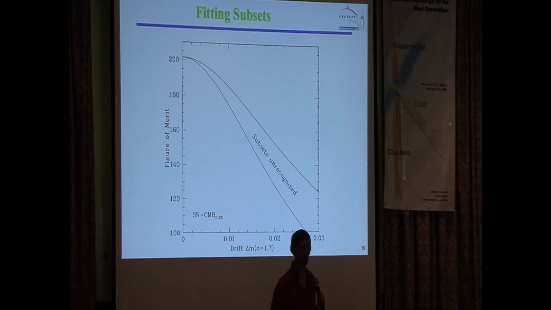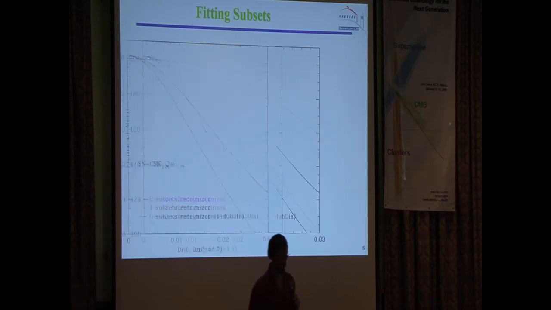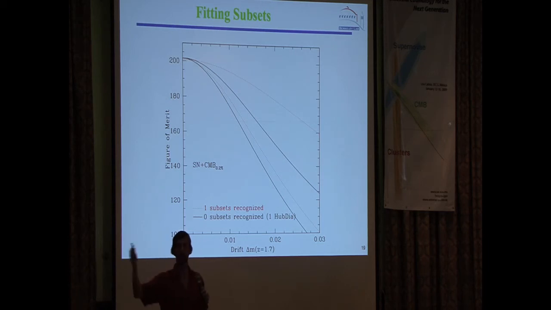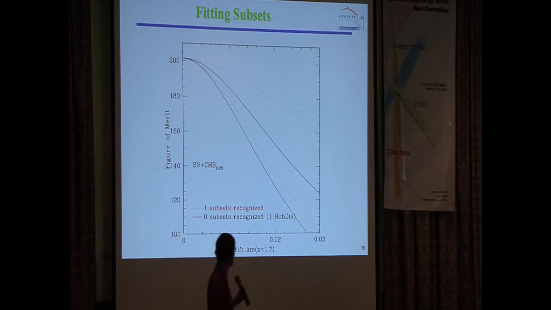So now let's say our observations get a little bit better, so that you can recognize the more extreme outliers. Then you improve this region to this red region. And the amount you improve depends on which sets you actually can recognize. And that's why there's an envelope here, not a single line.